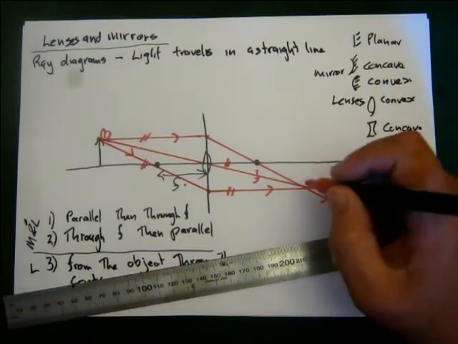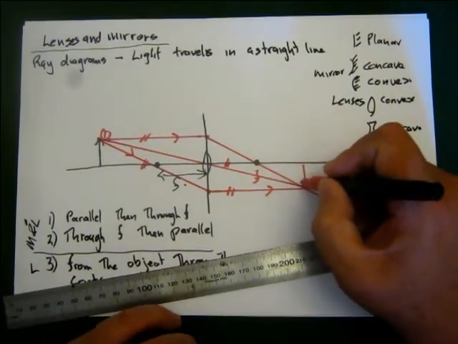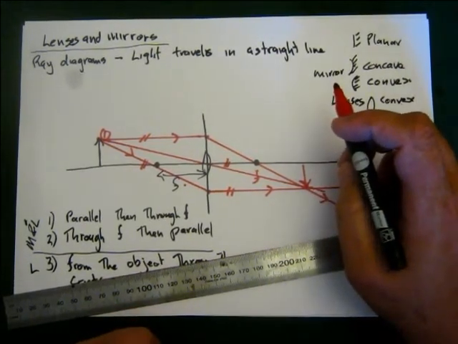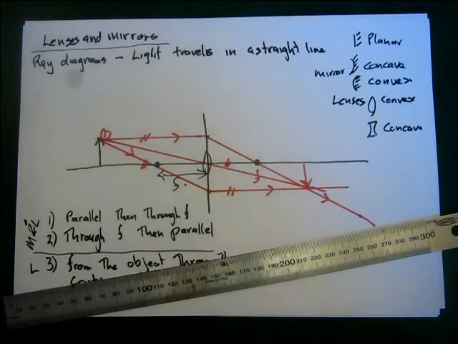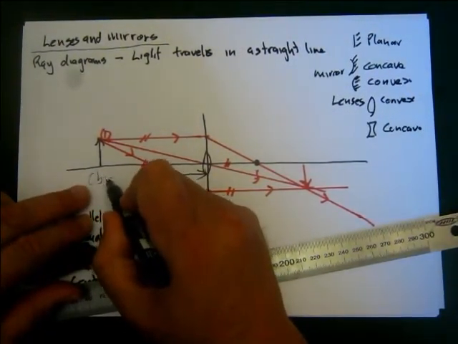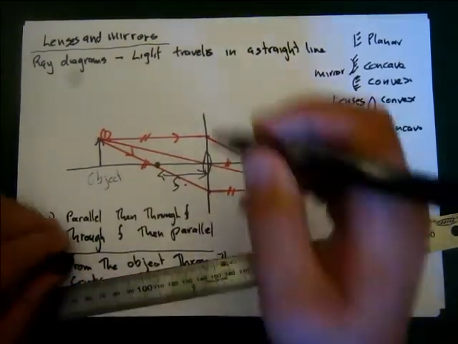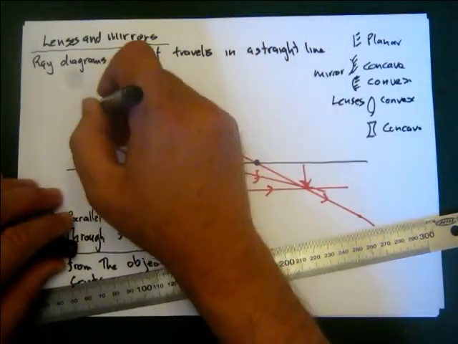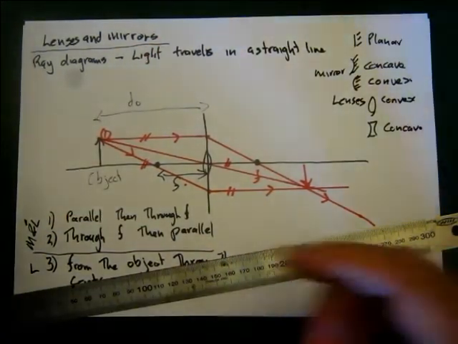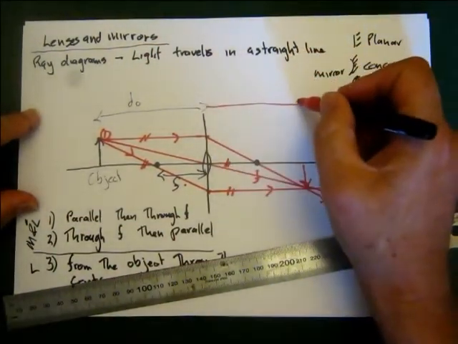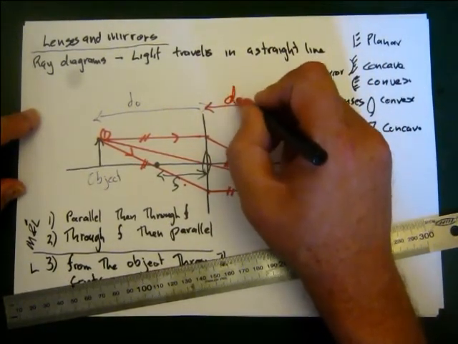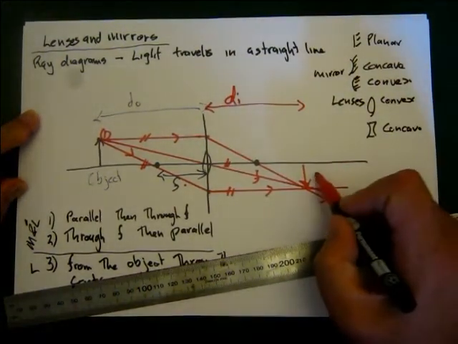And where the lines cross, that's where we're going to put the image. There are a couple of distances on here. This is the object, and the distance from the object to this line of action is the distance object. This is going to be the image, and the distance here is going to be the distance image.